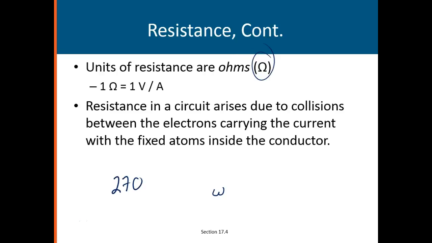Now, this is the unit for resistance. Resistance in a circuit arises due to collisions between the electrons carrying the current and the fixed atoms inside the conductor. They always happen, and the resistance arises because of those collisions. So you can't have a normal circuit with no resistance.